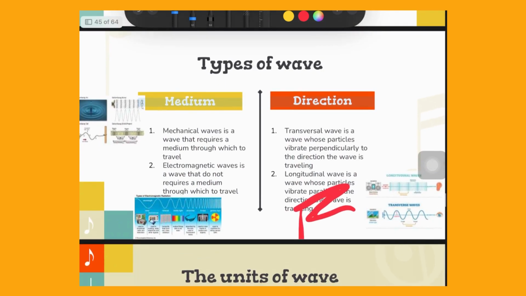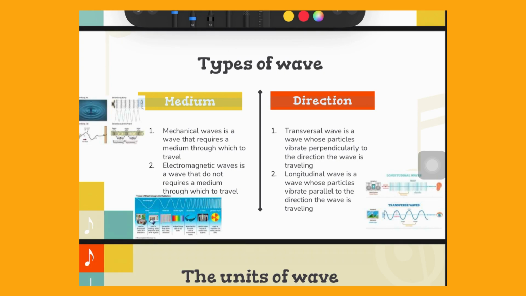The types of wave here, we have two types, according to their medium and according to their direction. First, the medium. In this type we classify into mechanical wave and electromagnetic wave.